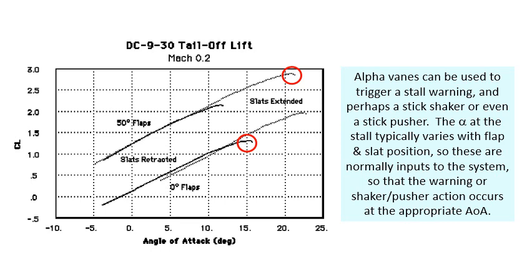Alpha vanes can be used to trigger a stall warning system or a stick shaker or a pusher, and the alpha at the stall will typically vary with the flap and slat positions, so the flap and slat configuration is normally input into the system so that the warning or shaker or pusher action can occur at the appropriate angle of attack.